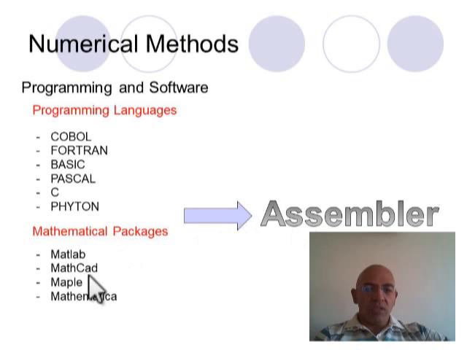So these mathematical packages first convert the commands that you give into one of the programming languages, and then it is converted to assembler. Generally, these mathematical packages work much slower than the programming languages.